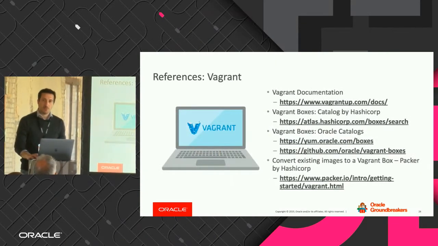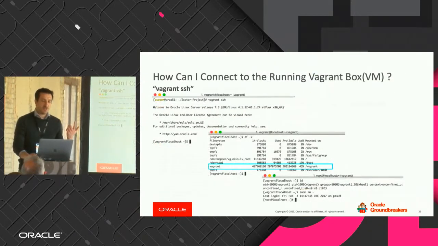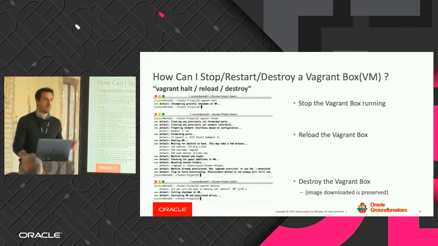I think those slides will be shared on the Oracle Code website. If not, feel free to reach out to me, simon.cotter@oracle.com, and I'll share them with you, because I also have some slides reminding the most common commands like vagrant up, vagrant ssh, and further commands available on Vagrant.